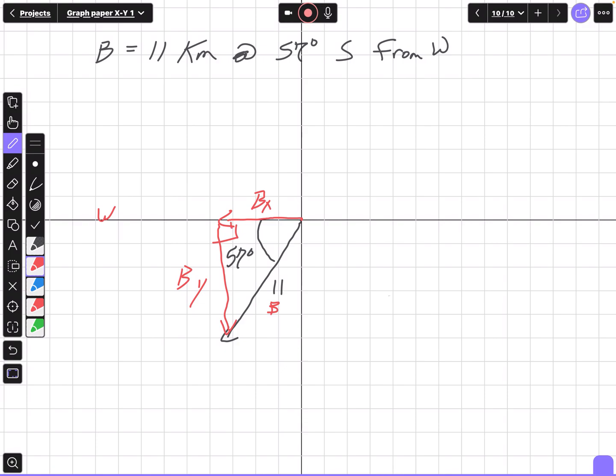Now, before I even start, I need to measure this angle from the positive x-axis all the way to right here. From here to here is going to be 180, and then I have to go 57 more degrees, so that'd be plus 57. It's 237 degrees that I need to use. So then I go back to my equations.